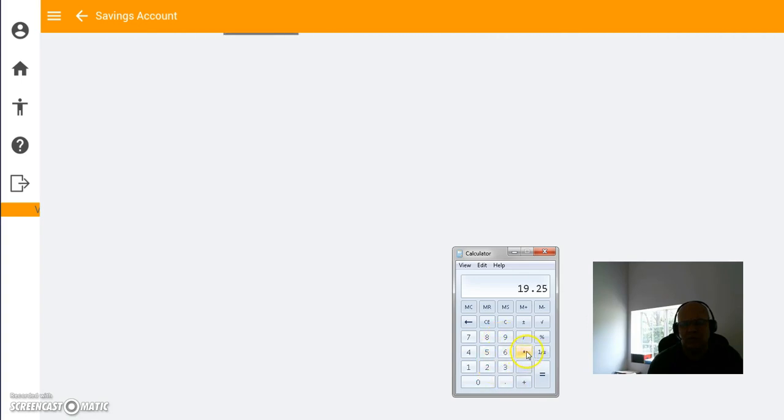So if I put 19.25 years times 12 months in a year, that is 231 months. So we're going to take this compound calculator and we are going to take the 2560, we're going to deposit it for 231 months, and we're going to end up with just over $1 million.